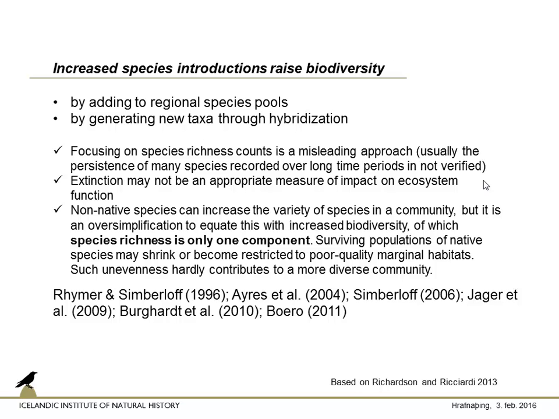We should also have in mind that non-native species can increase the variety of species in a community, but it's an oversimplification to equate this with increased biodiversity, because species richness is just one component of biodiversity. And the surviving populations of native species may shrink at the same time or become restricted to very poor quality marginal habitats. And such unevenness, I think, hardly contributes to a more diverse community.